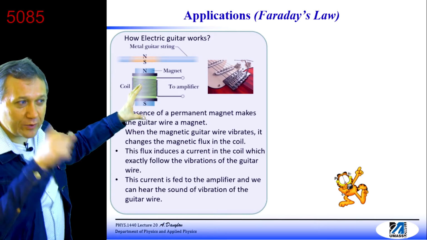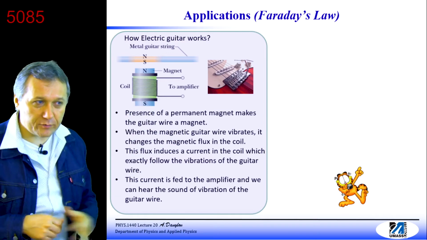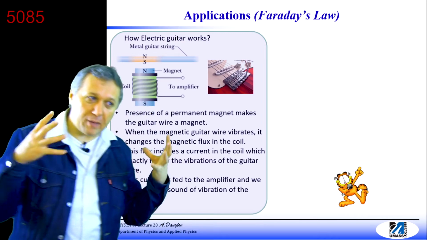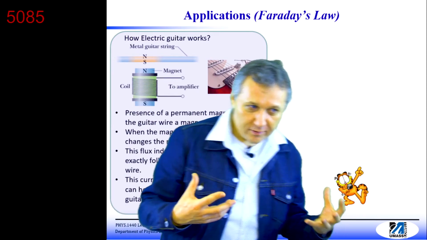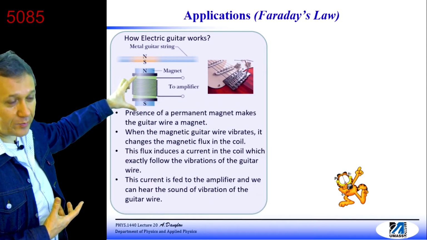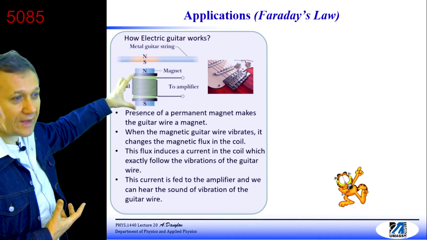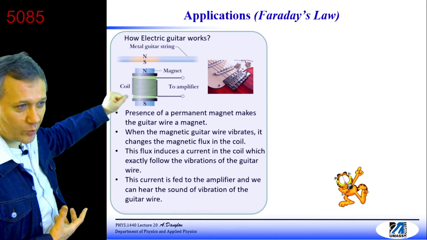You remember Faraday's law, EMF equals minus d phi over dt, the rate of change of the magnetic flux. So flux must change in order to produce the induced current. In this case, the flux produced by the blue permanent magnet doesn't change in time. As a result, it doesn't produce anything in this coil.